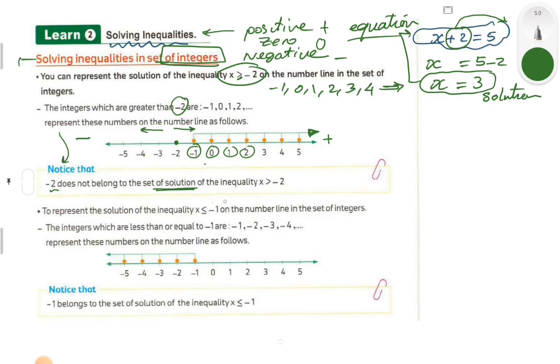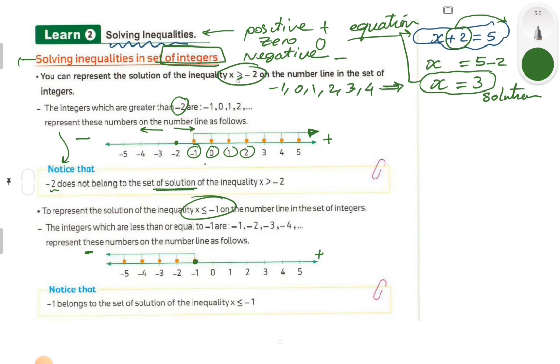Now we have this inequality, x less than or equal to minus 1. We have equal, right? So minus 1 is with us, so we start with minus 1 because we have equal, and less than means go to the negative, not the positive.